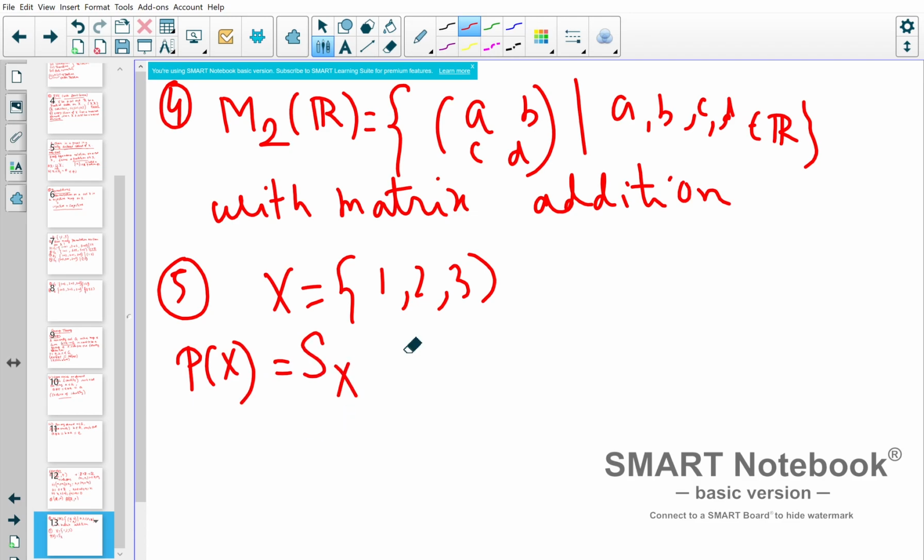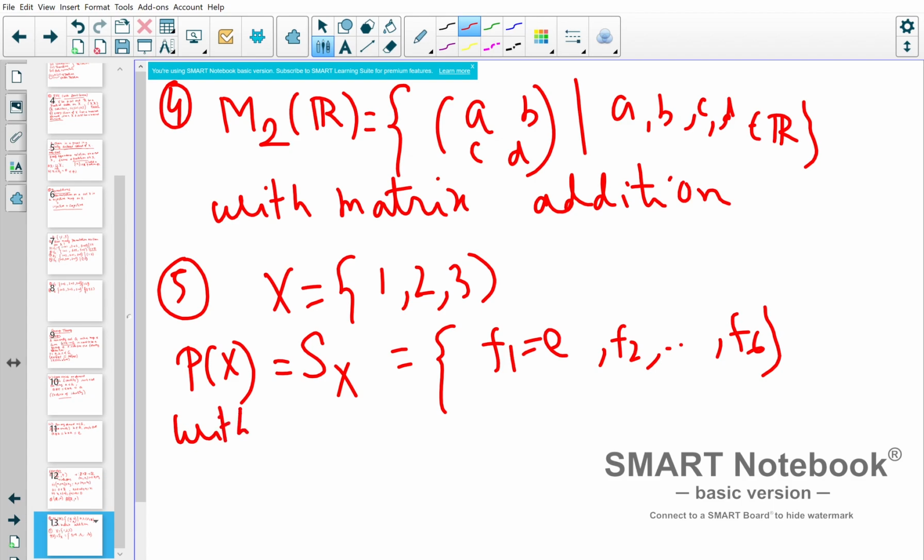This is the collection of all those 6 permutations, which we have already seen: f1, which is the identity element so I am writing e, and f2, up to f6, with the composition operation.